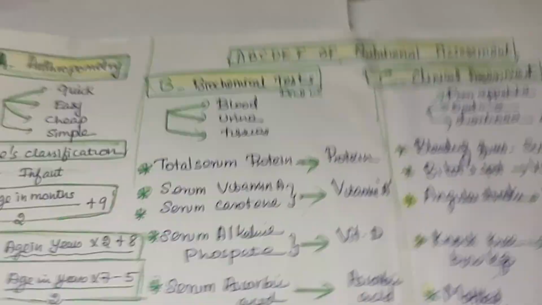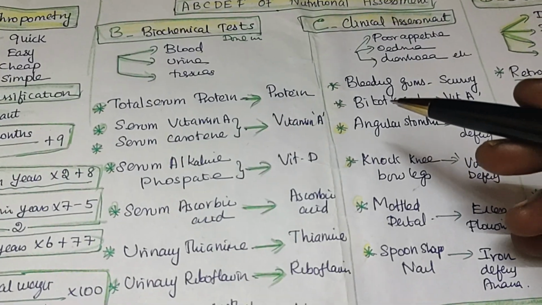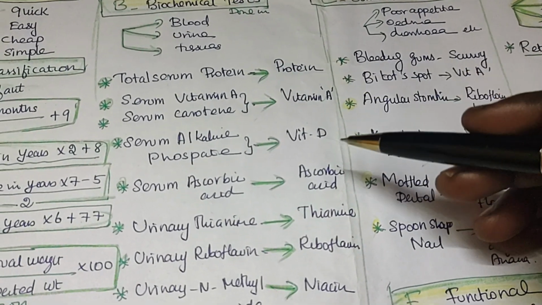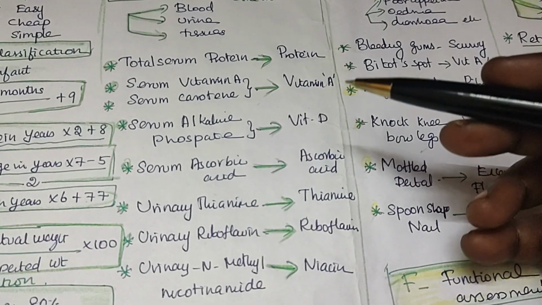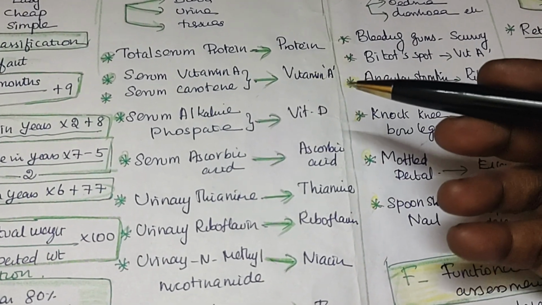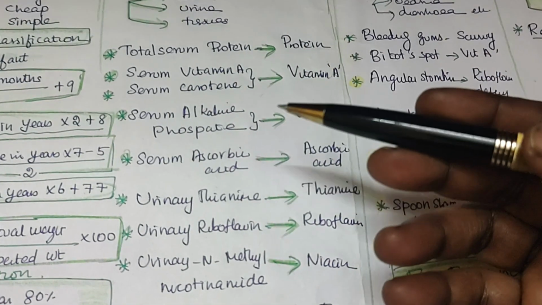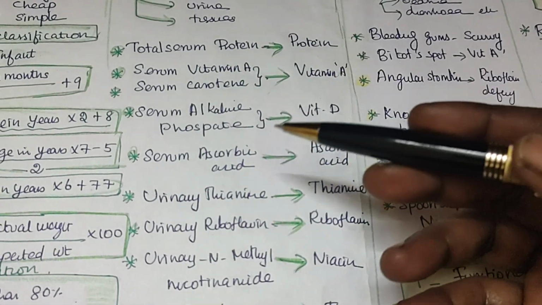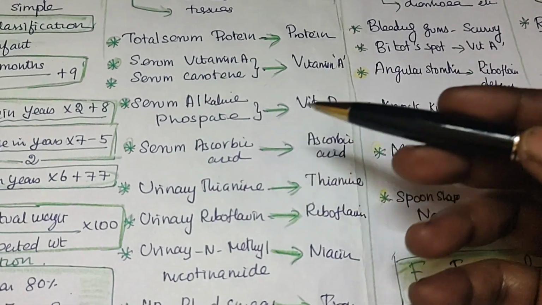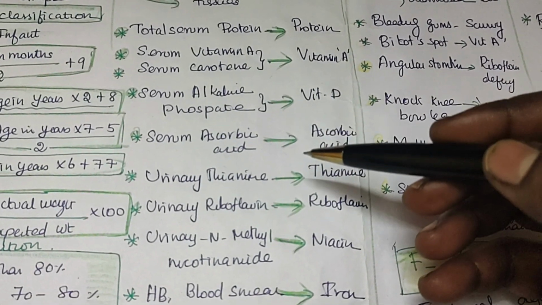B. B is the biochemical test. This test is mainly done on blood, urine and tissues. In the blood, serum protein level, serum vitamin A, serum carotene will be checked, and serum alkaline phosphatase will be checked for vitamin D deficiency.